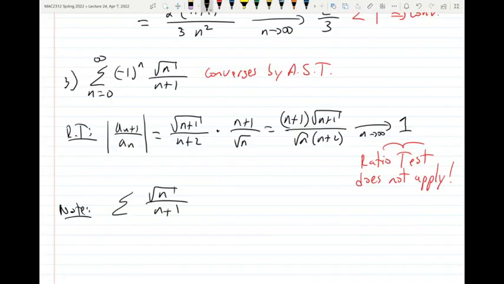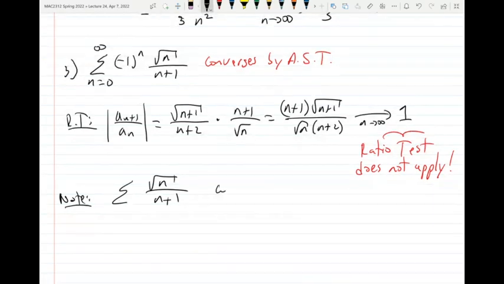Does this converge or diverge? What test would you use to analyze this? The p-series, you do the n to the 1/2 minus the n to the 1, and then you get... But what test would you use? You use a comparison with a p-series. Limit comparison test, right? So we're going to use the limit comparison test with a p-series. What p-series?